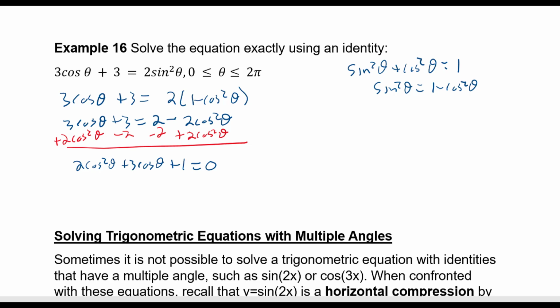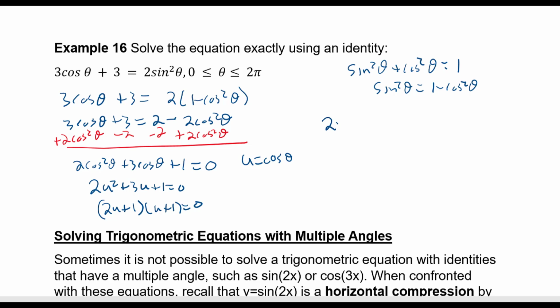So I'm going to do a u substitution: u equals cosine theta. So we have 2u squared plus 3u plus 1 equals 0. So that's going to be 2u plus 1 times u plus 1 equals 0.